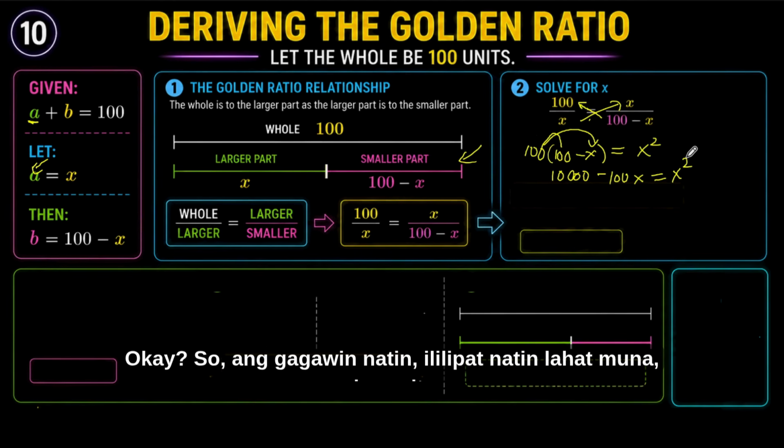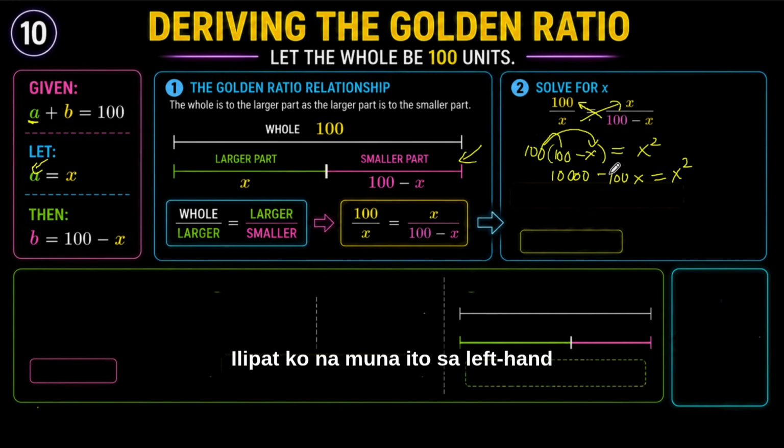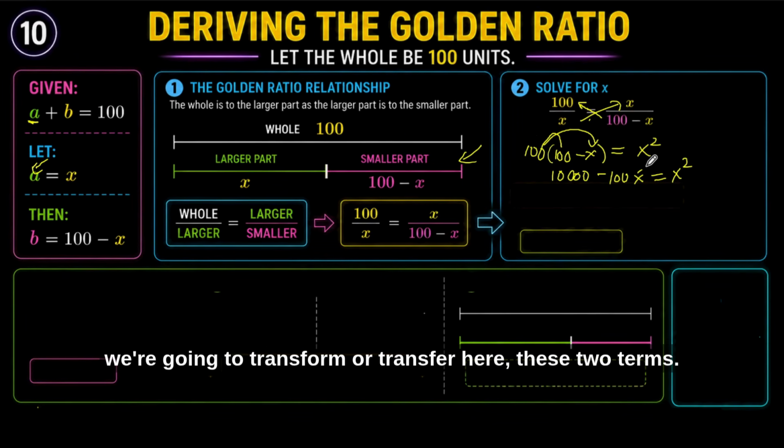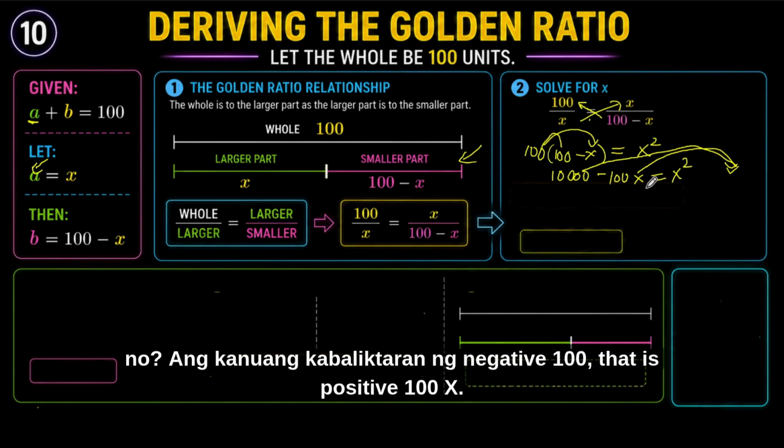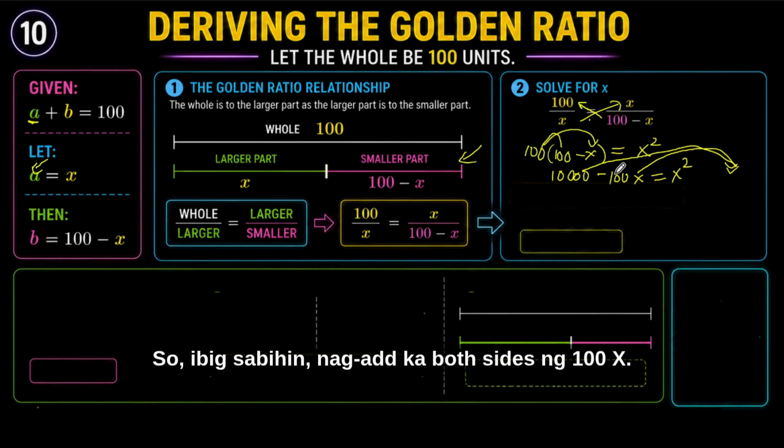Okay? So, ang gagawin natin, ililipat natin lahat muna. Ilipat ko na muna ito sa left-hand side kasi positive na yung x squared natin. No? So, we're gonna transform or transfer here these two terms. Pero hindi tayo basta-basta mag-transfer, no? Ang anumang kabaliktaran ng negative 100, that is positive 100x. So, ibig sabihin, nag-add ka both sides ng 100x.